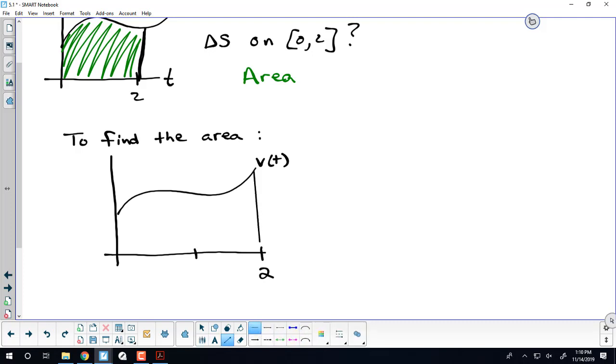The way we approach this is we're going to say, break this region up into a bunch of rectangles. So here's some rectangles. Based on how I chop up the x-axis, I'll get these individual rectangles. On this interval I'll have this rectangle, on this interval I'll have this rectangle, and so forth.